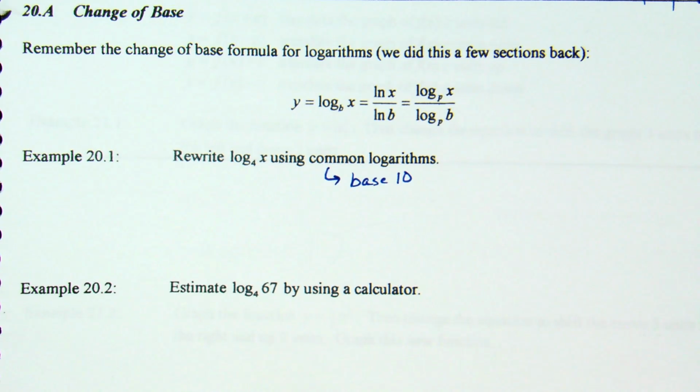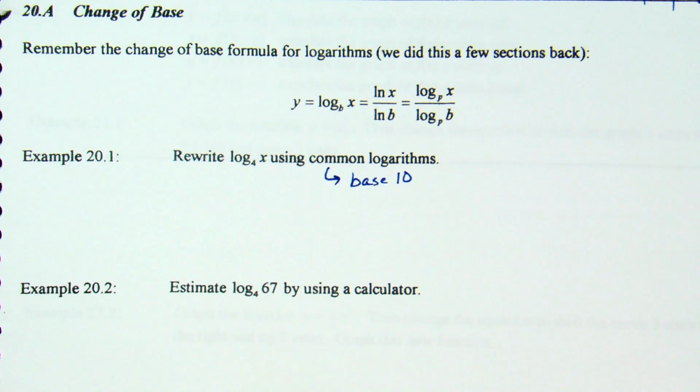Officially, when we do this, it's log base 10 of x divided by log base 10 of 4. Except, what do we know when the base is 10? You don't have to write the base in, do you? And so, probably more efficient to write is log of x divided by log of 4.